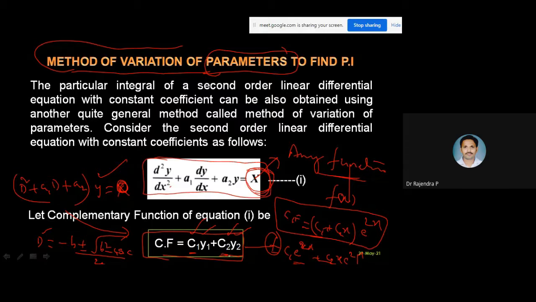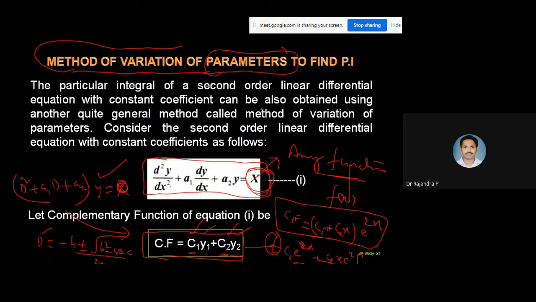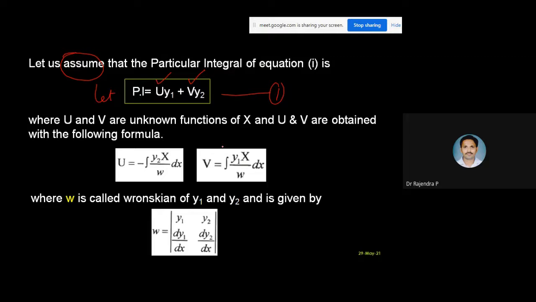Now I am changing those arbitrary constants, considering them as some functions u and v. Once I assume the particular integral is a solution for this particular equation, definitely it has to be satisfied. So by substituting those and solving, you get u and v values in integral form.